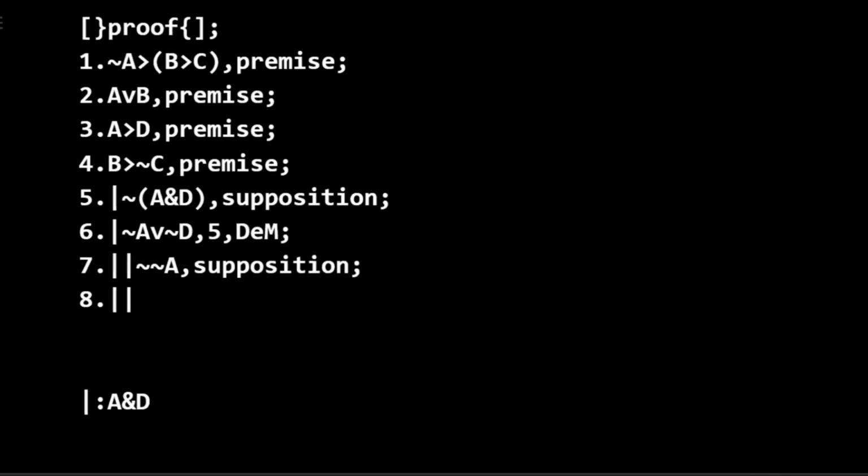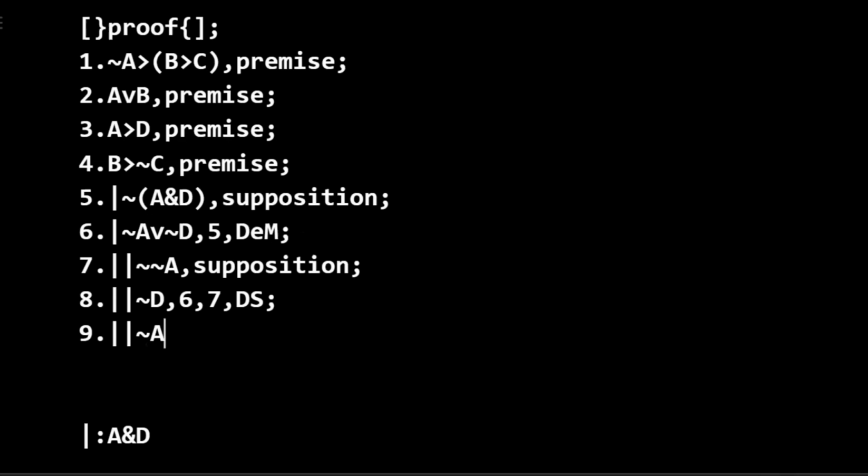Okay, and what's nice about not A in line 7 is now we can use disjunctive syllogism to get not D from lines 6 and 7. And not D then, as I was saying a little earlier, something that was popping out to me is look at line 3.